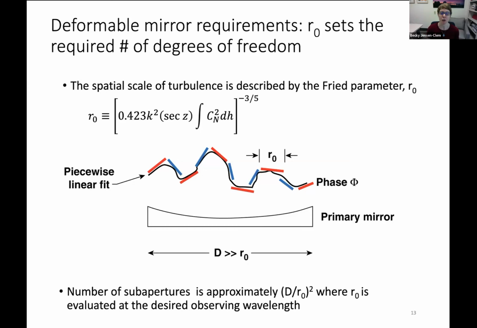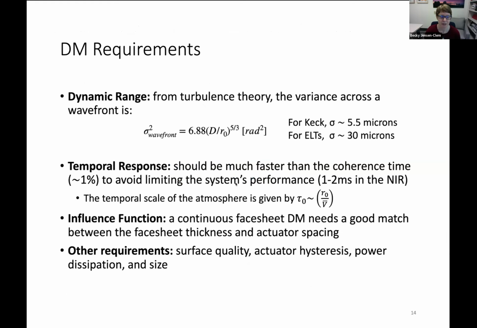In other words, the total number of subapertures on the DM should be about (D over r0) squared. And r0 is, of course, a wavelength sensitive quantity, so you'd want to make sure to evaluate that at the wavelength that you plan to do your observing. So that tells you something about how many degrees of freedom you're going to need on your deformable mirror.